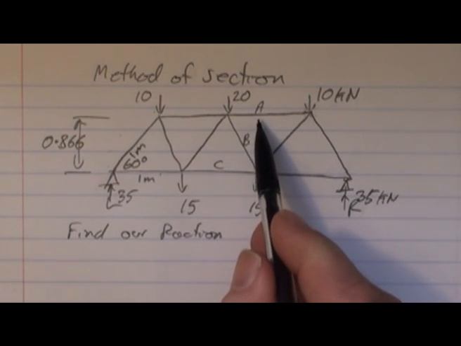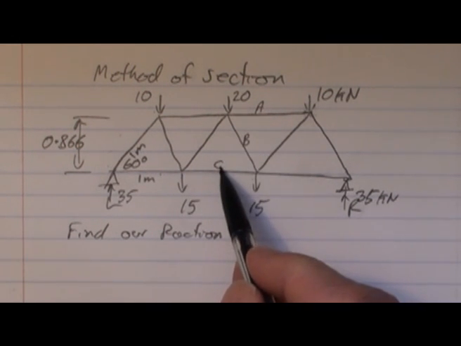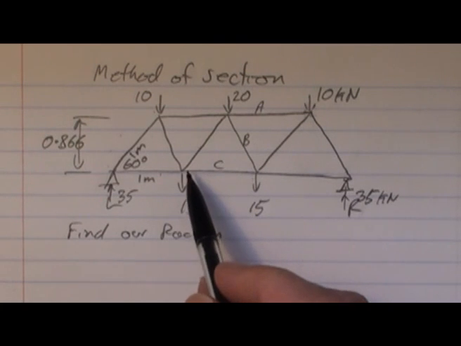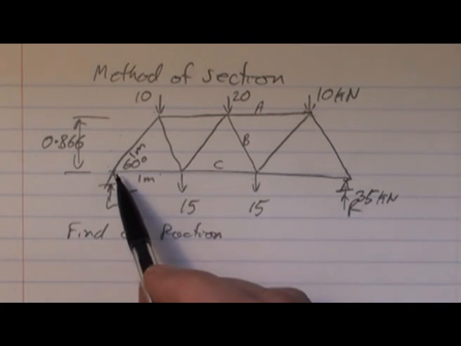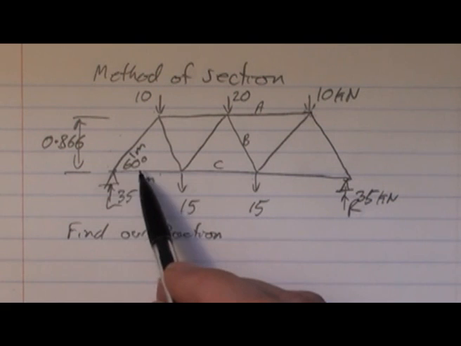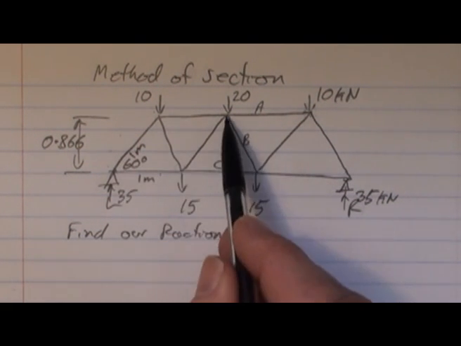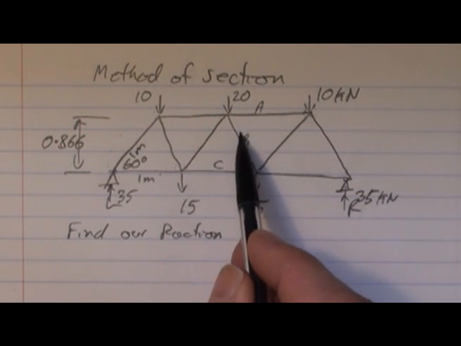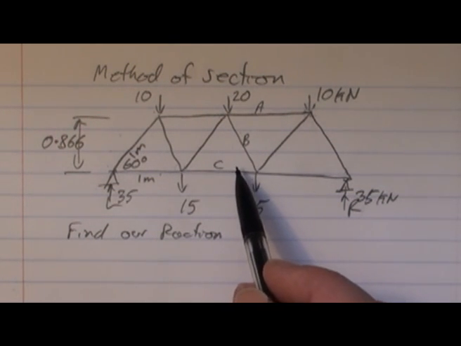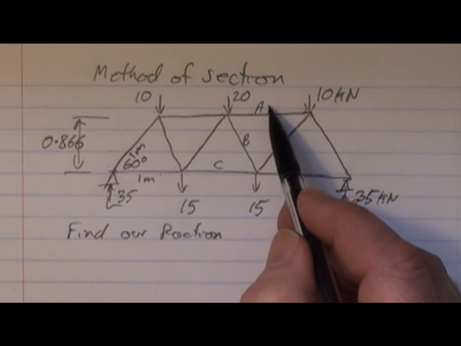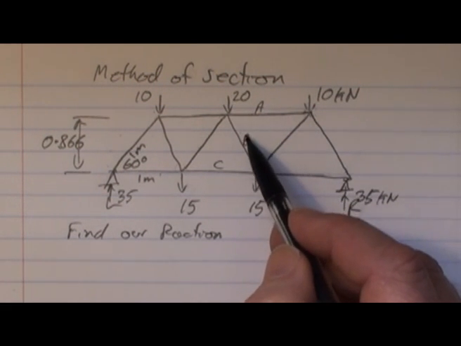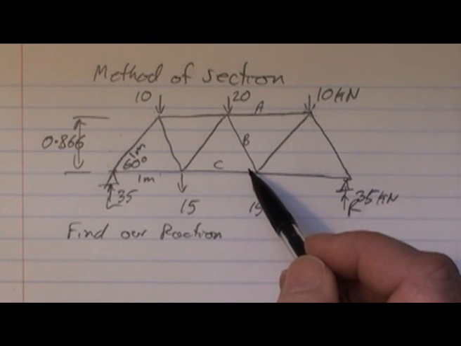We can use method of joints, in which case we would have to start at one corner and solve this joint, solve the next joint, and so on in order to find these 3. Method of sections enables me to take a section through my frame and just immediately solve the 3 forces that we want.